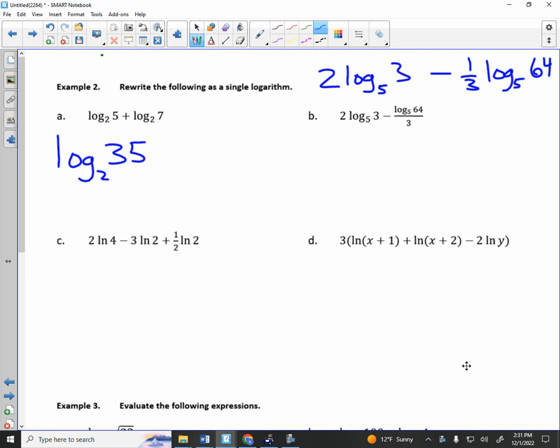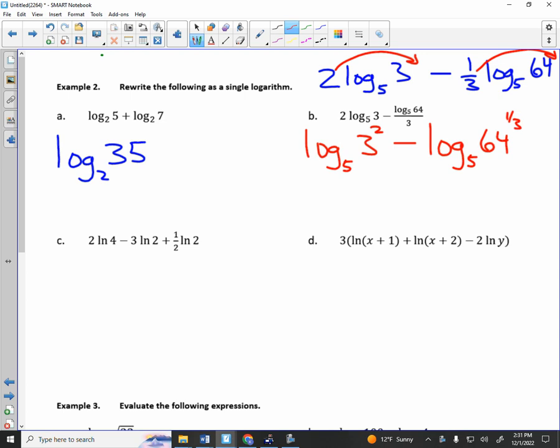Yeah, we could deal with those exponents. So we could take the 2 and move it on up. We can take the 1/3 and move it on up. So I will rewrite this as log base 5 of 3 squared minus log base 5 of 64 to the 1/3 power.